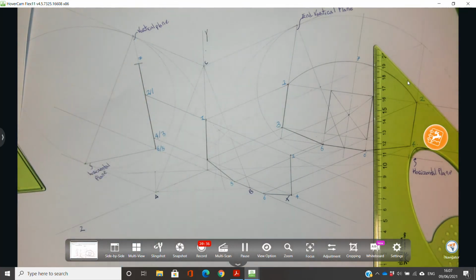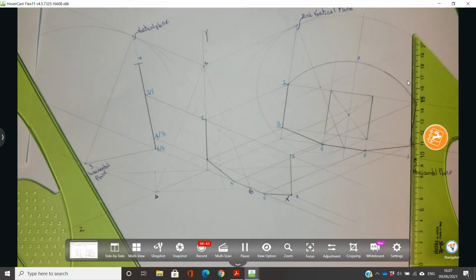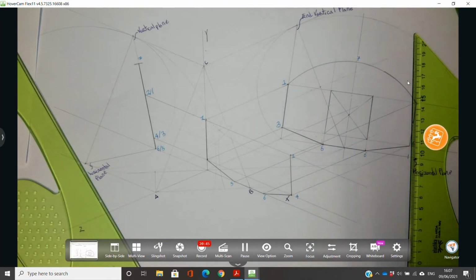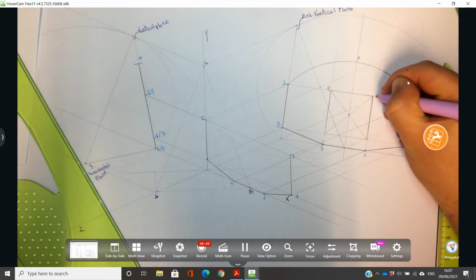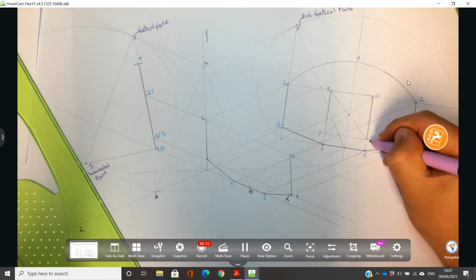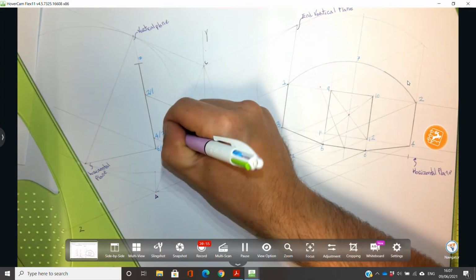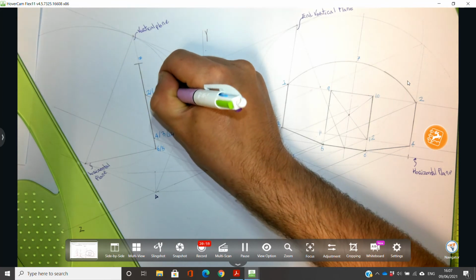Right, so the curve. How do you do the curve? Okay, well, I'll complete the square first before I do the curve. Okay, 9, 10, 11, 12. So I have 12/11 here and 10/9 here as well.